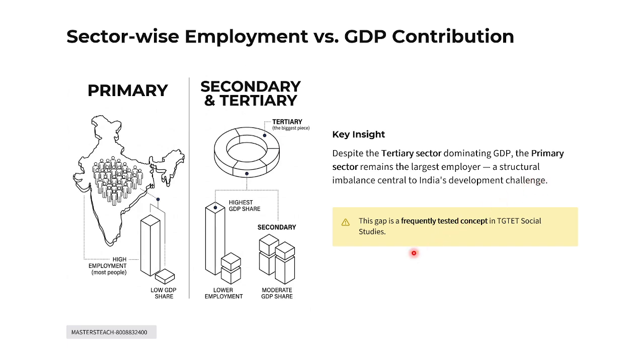That means there is moderate development in the secondary sector, huge development in the tertiary sector, and less development in the primary sector. The scope for the tertiary sector is more.